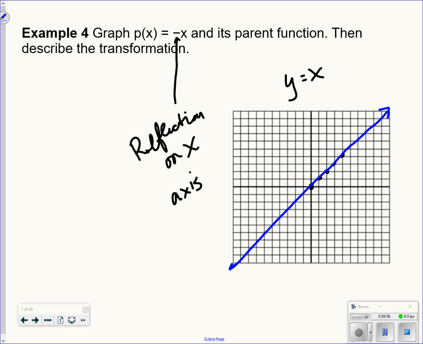And you'll notice that the y equals -x line, as I graph this, is a reflection on the x-axis. So every point up here has a mirrored point below on the x-axis. So point here, point here. And now, technically speaking, this is a reflection on x and y, but I don't want to confuse you on that. So again, we're going to talk about this as a reflection on the x-axis.